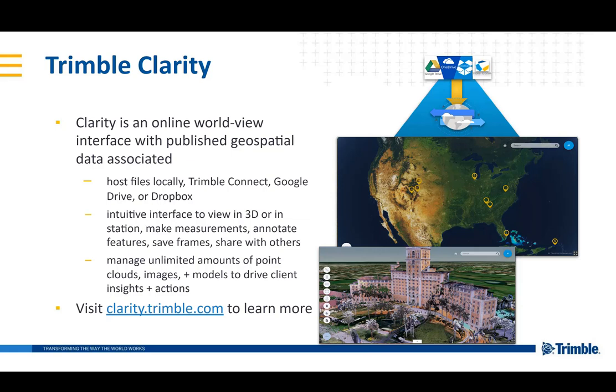All right, the second main feature in TBC version 5.20 is Trimble Clarity. So what is Clarity? Clarity is an online world view interface with published geospatial data associated. While Clarity is online, we can host files locally or in Trimble Connect or in Google Drive or Dropbox, really wherever you want your data to reside. The interface is intuitive to view in 3D or within a station view. You can make measurements, annotate features, save frames, and share with others.